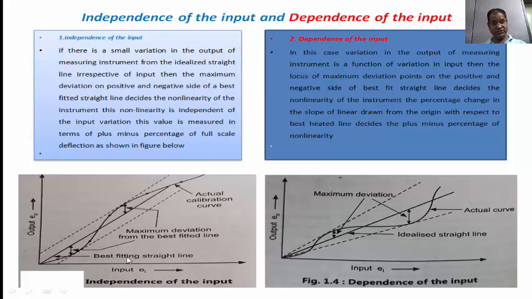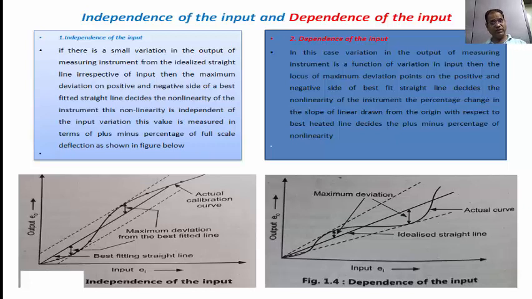So the best fitting straight line, and the actual calibration goes from the negative side to the positive side, again to the negative side. So whatever this maximum deviation from the best fitted line is, this maximum deviation may be to the plus sign or maybe to the minus sign.